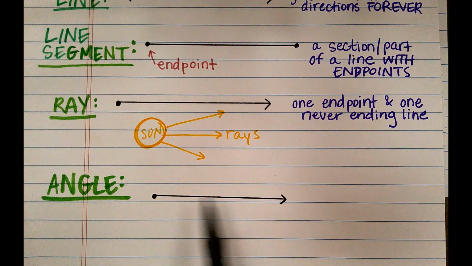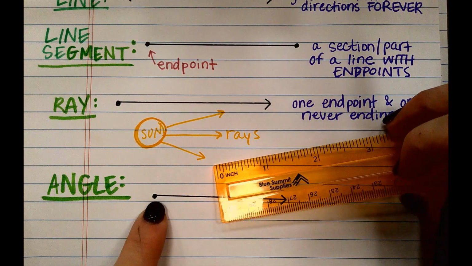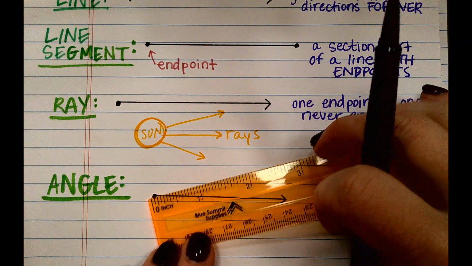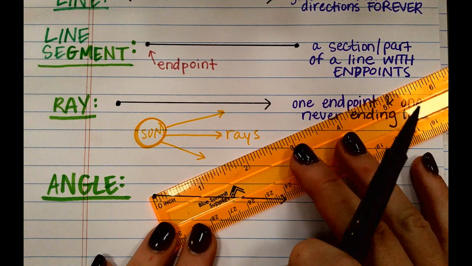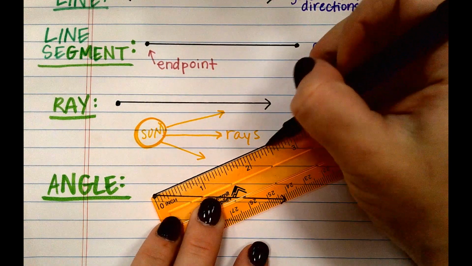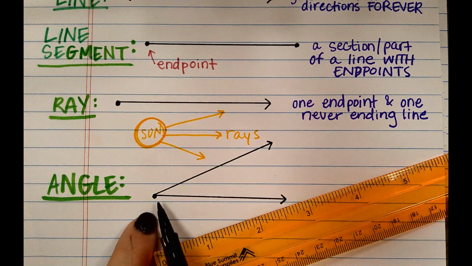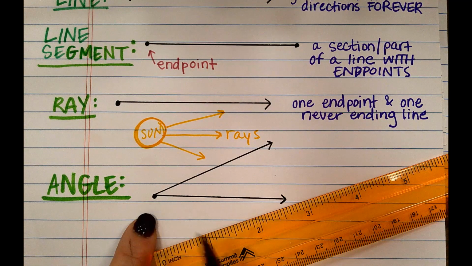And as it stands, this is just a ray, but it becomes an angle when we add another ray that comes off of the same end point. They have to share that end point. And whenever we add this next ray on the same end point, this end point gets a new name. It is no longer an end point.